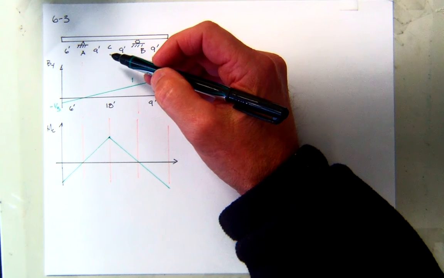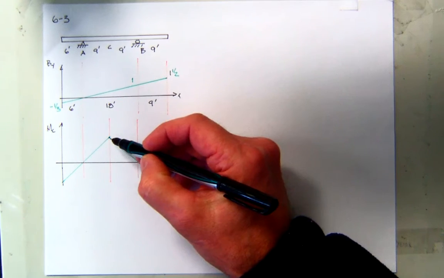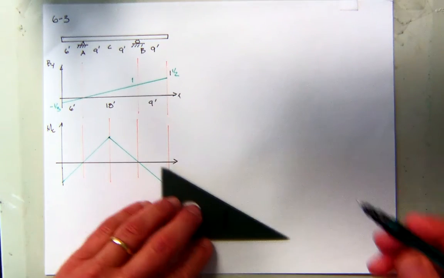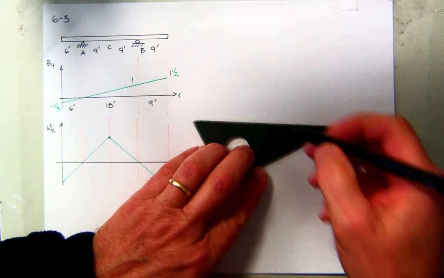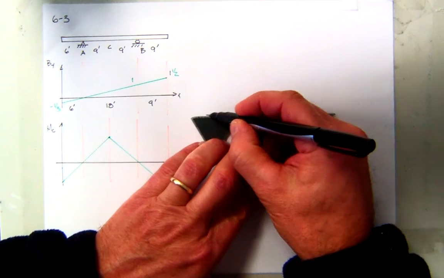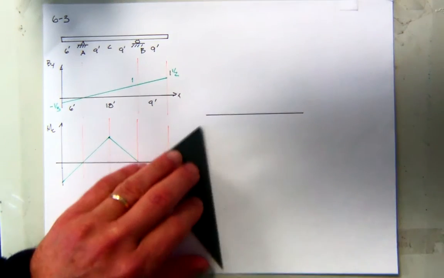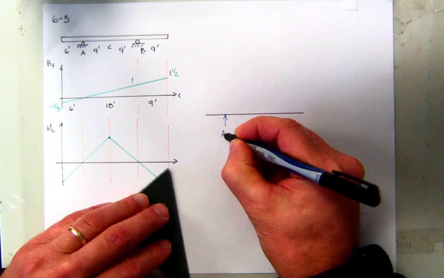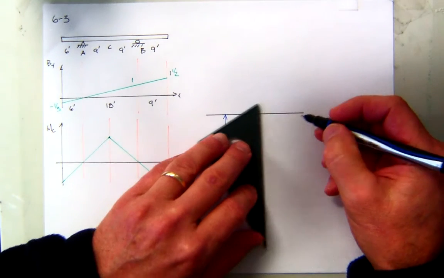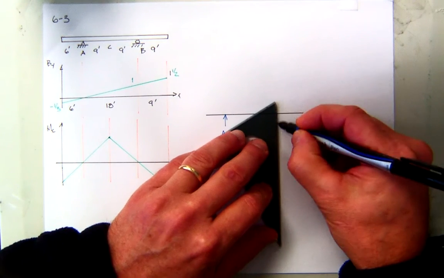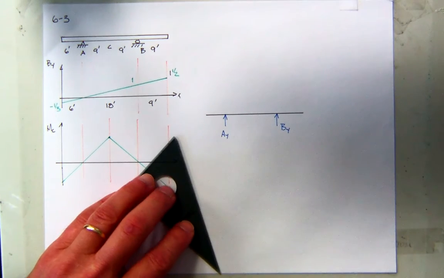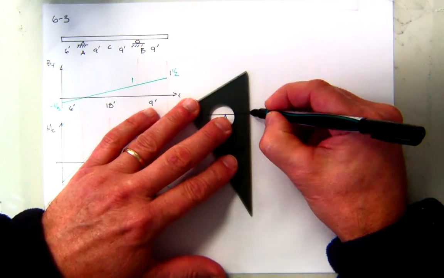But the one I always like to do is the value right over the point. So what that means is I'm looking at a structure that looks like this. So I'm going to have my reaction at A, my reaction at B, and then at C, that's where my unit load is.